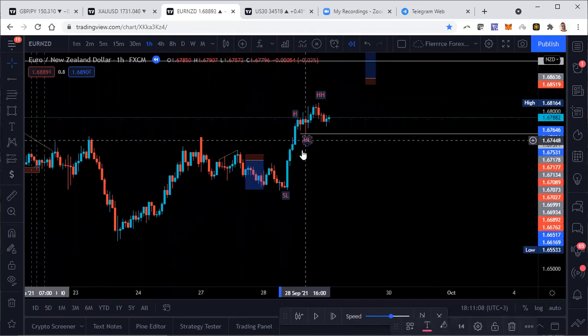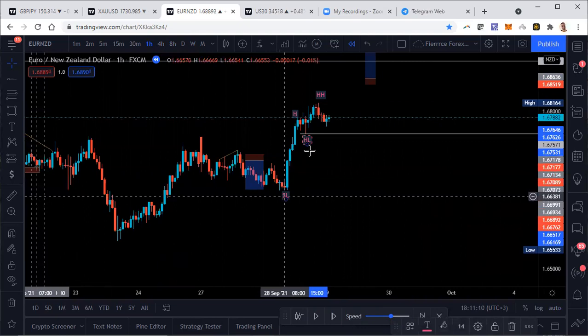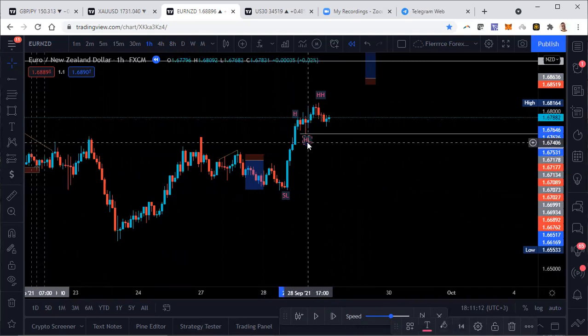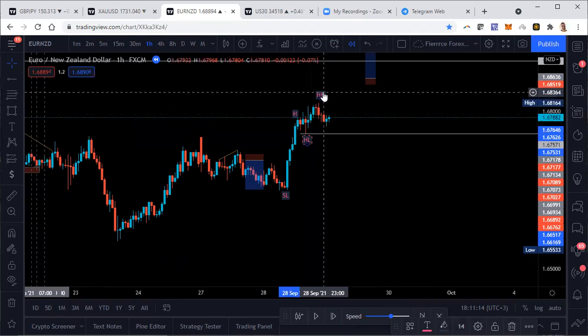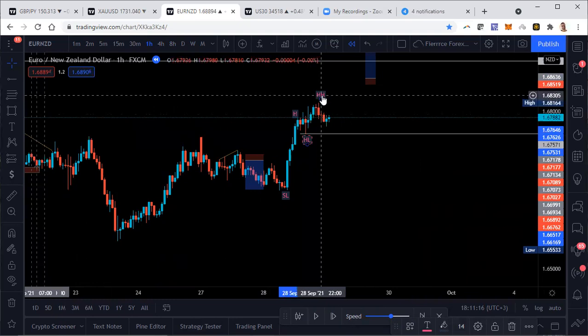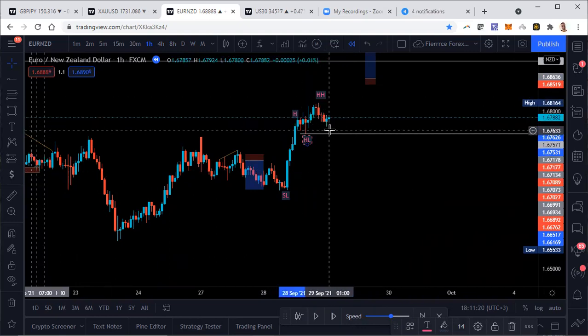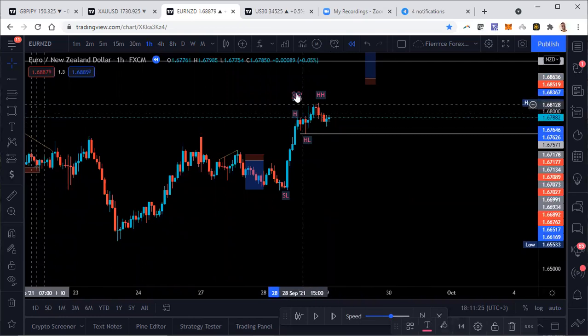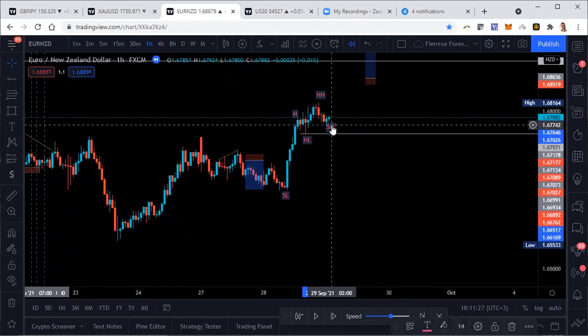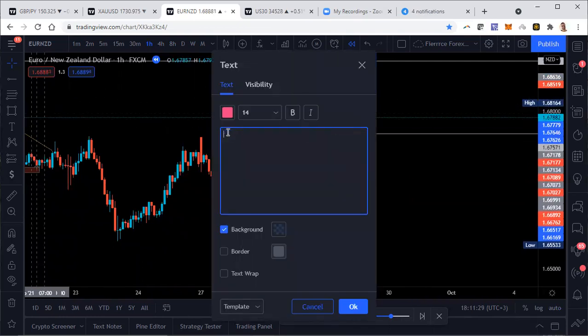But this low is higher than this low. So this is a higher low, and then we rejected and formed a higher high vis-a-vis this high here, right? Then we rejected and formed a higher low. So I'll just come and be like, cool, this is another higher low, and so on and so forth.